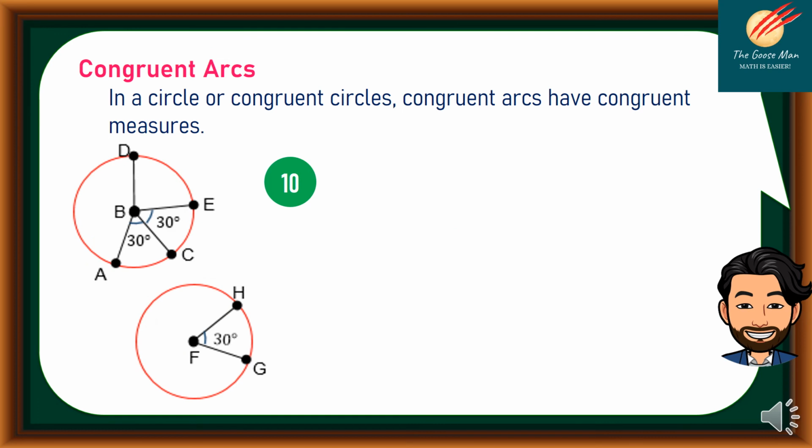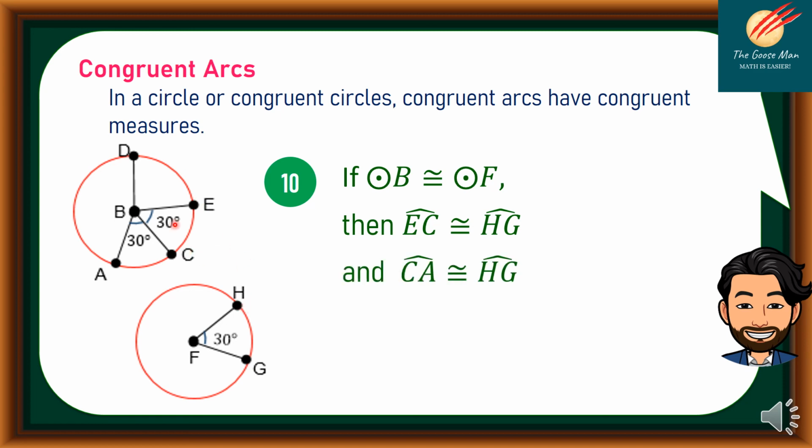On our example number 10, if circle B is congruent to circle F, then arc EC is congruent to arc HG. Why? Because arc EC is equal to 30 degrees, which is the same as arc HG. At the same time, we can also say that arc CA is congruent to arc HG.